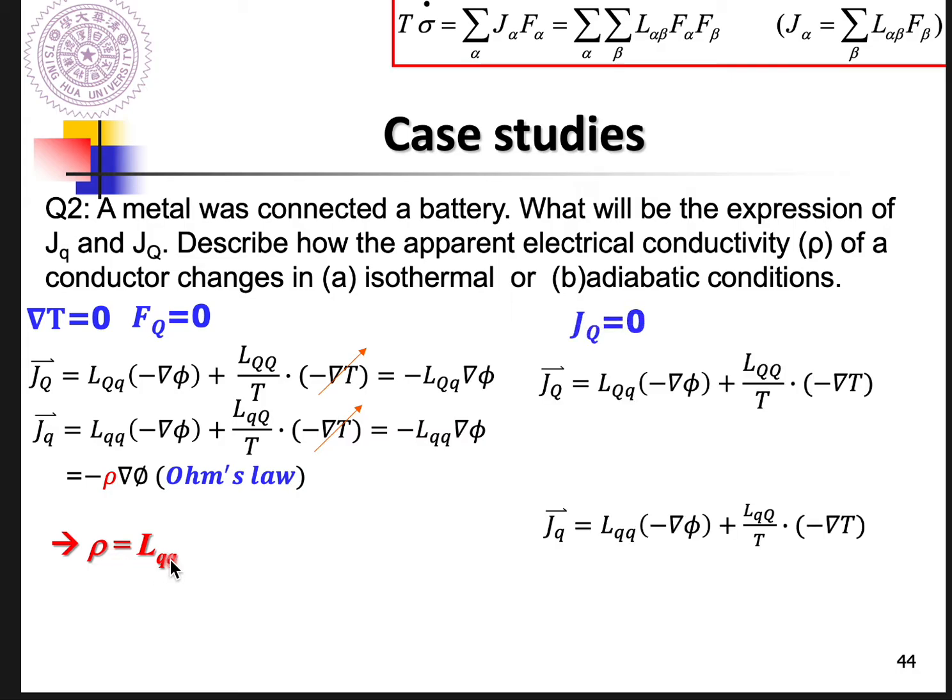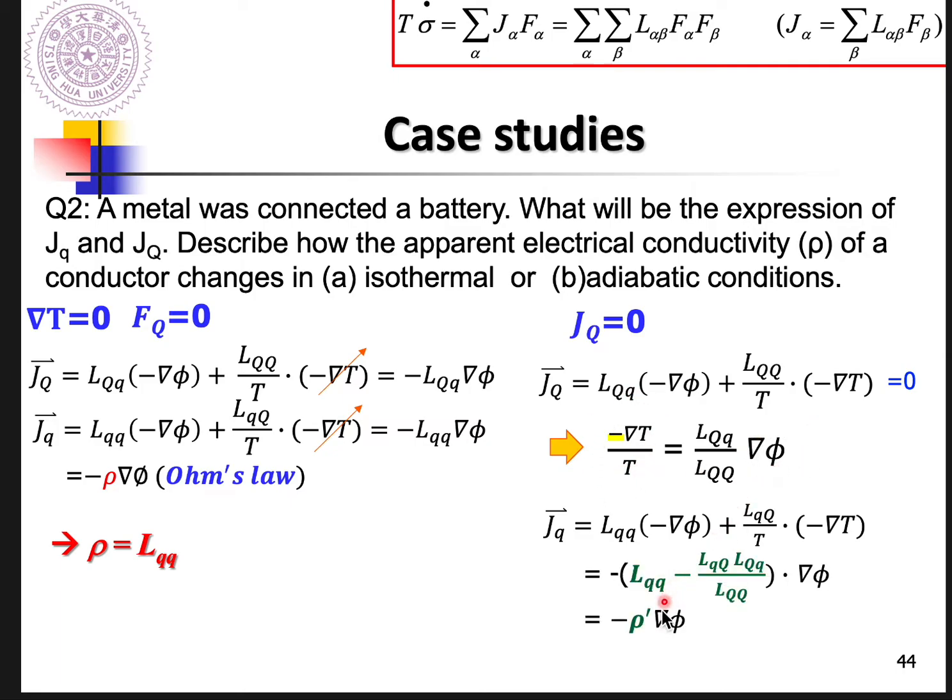However, if we change the boundary condition to the adiabatic condition, in this case it states that the JQ heat flux equals 0. So based on this, you get a relationship between F capital Q and F small q. Then you substitute this into this relationship, and we can know that in the adiabatic condition, when I measure the current density, how much current density went through these materials, and directly divide it by the electrical field I apply on the system, I will get a sigma prime, right?